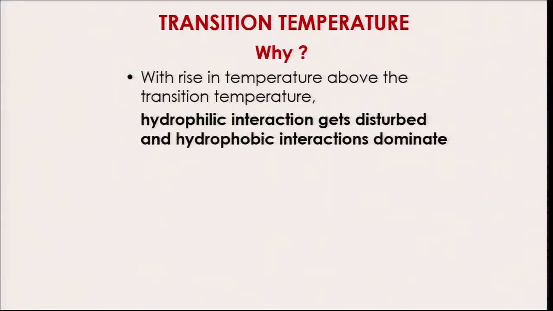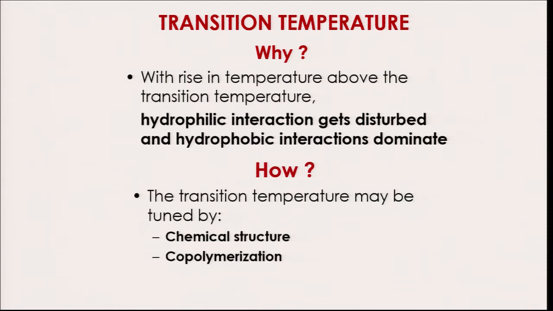That means the interaction with the hydrophilic moiety is removed. Therefore, the hydrophobic interactions dominate, which does not allow it to swell or dissolve. So at higher temperature it either comes out of solution or it collapses.